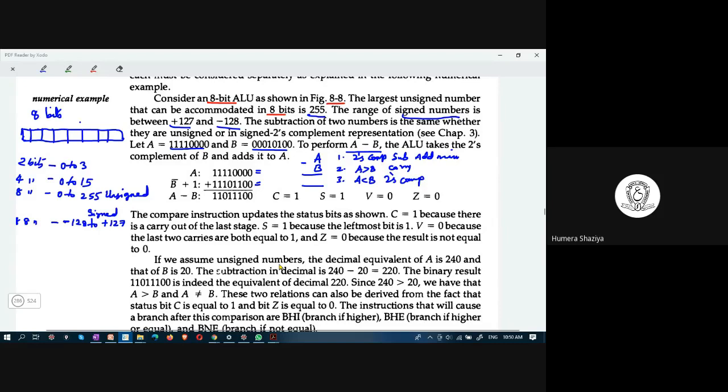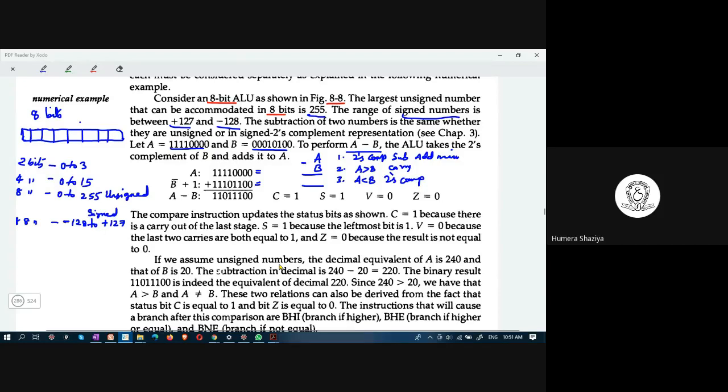Discard the carry and take the result. When A is less than B, the result is in negative form, which is in 2's complement form. Further, obtain the 2's complement of the result to obtain the value of subtraction. All right.